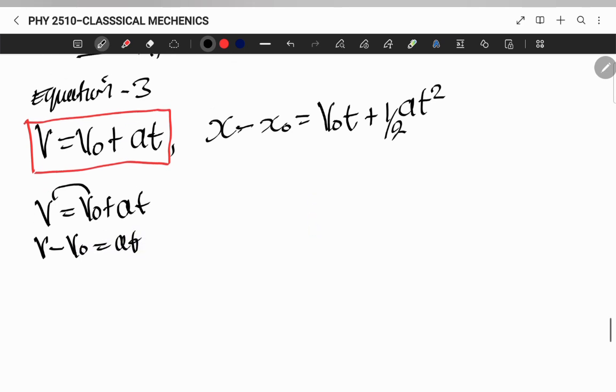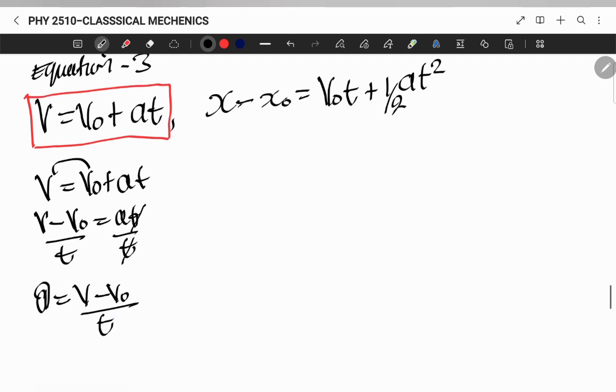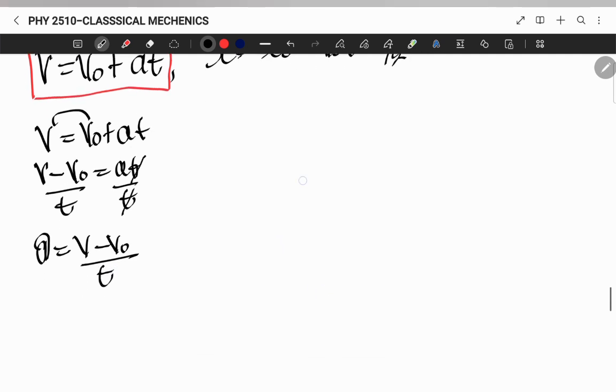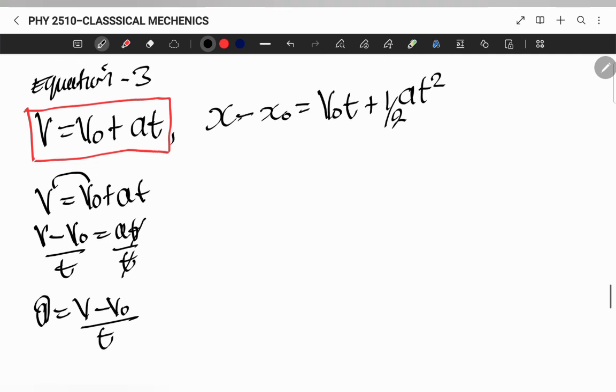I want to remain with acceleration, so I'll divide both sides by t. So acceleration is going to be v minus v naught over time.